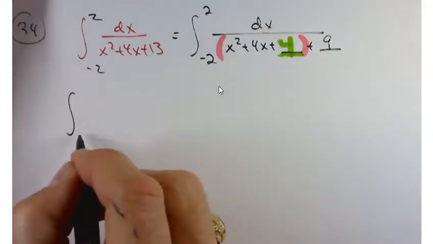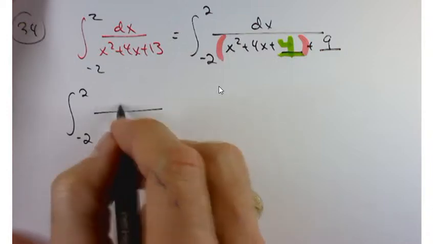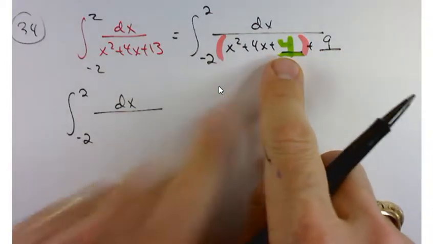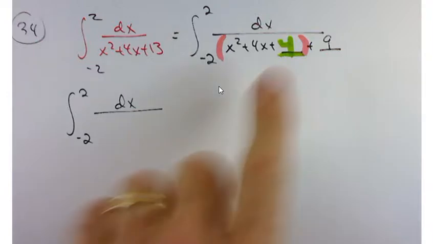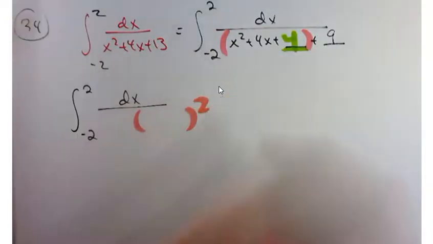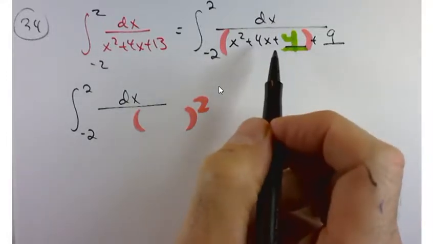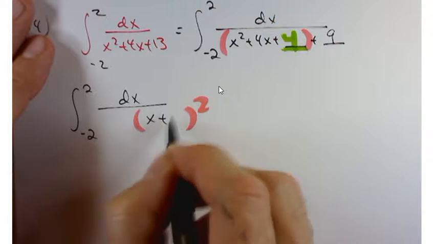Now I can rewrite this as the integral from -2 to 2 of dx. Now this part here is a perfect square. So let me rewrite that here. What do I square to get that? X plus 2.